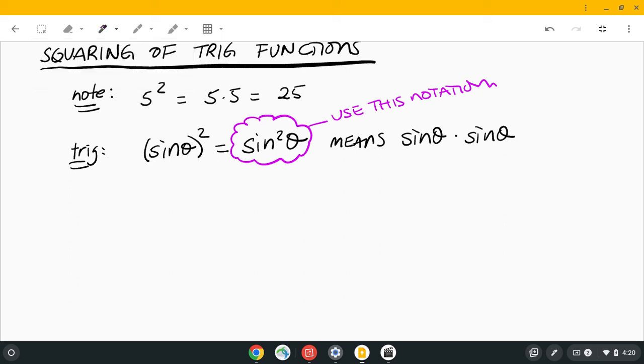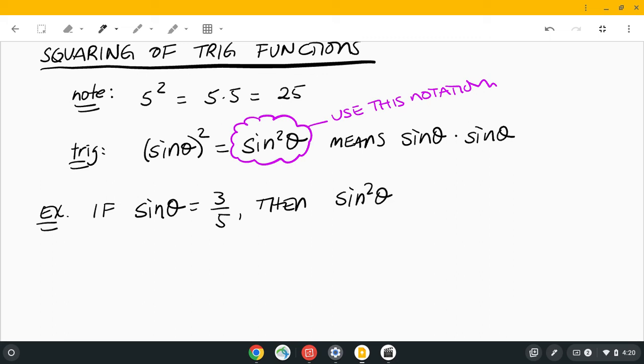Let's take a look at an example. If sine theta equals 3 over 5, then sine squared theta is going to be 3 over 5 squared, and if we square that, we get 9 over 25. Same thing if we have cosine.